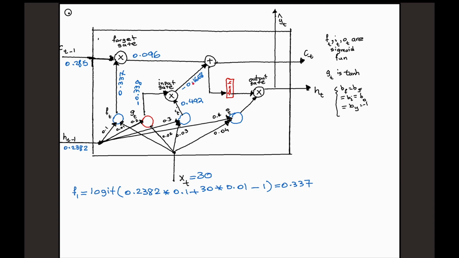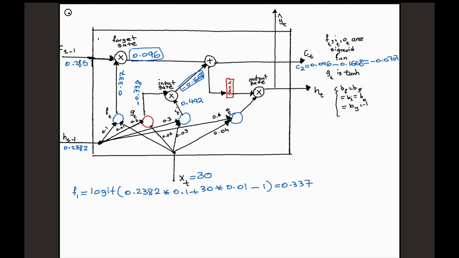So now we need to add these two up. So 0.096 plus this. These two numbers will be added up to create C2. So C2 would be 0.096 minus 0.1668, which is -0.0707.